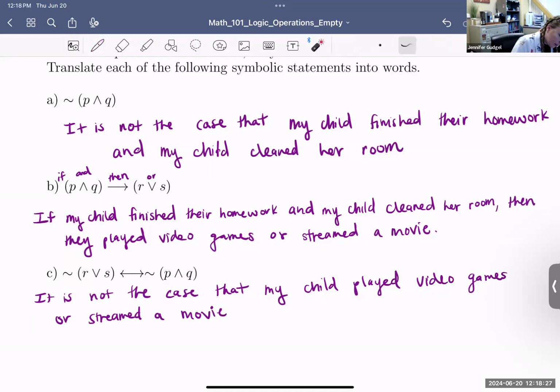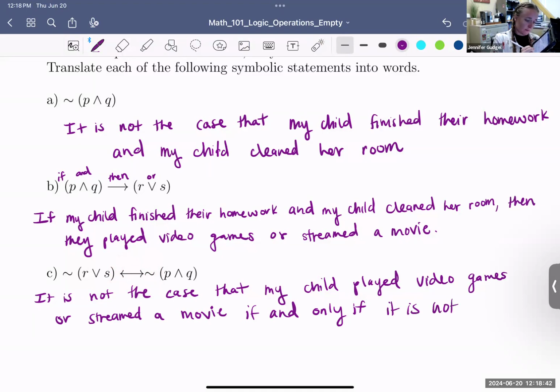We're now here in the statement. If and only if it is not the case, we're at that second not, it is not the case that P and Q, my child finished their homework and cleaned their room.